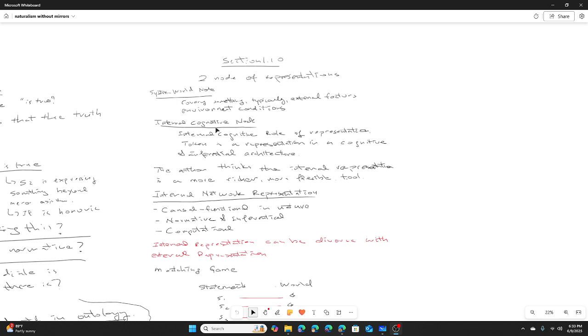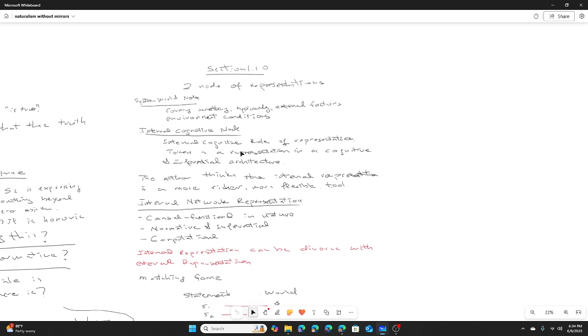And then what the author called the internal cognitive node or the internal cognitive cluster. This is broadly the notion that there are internal cognitive representations, where a token is taken as a representation in an inferential cognitive architecture.